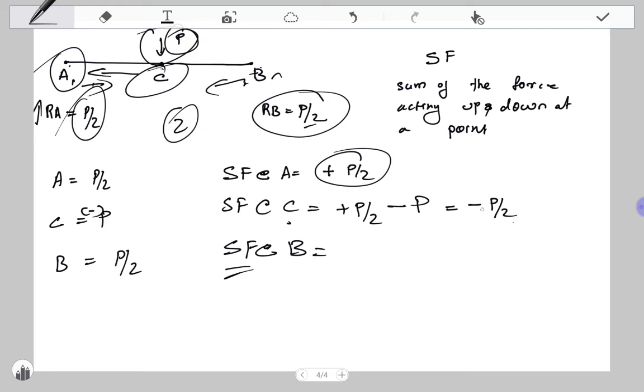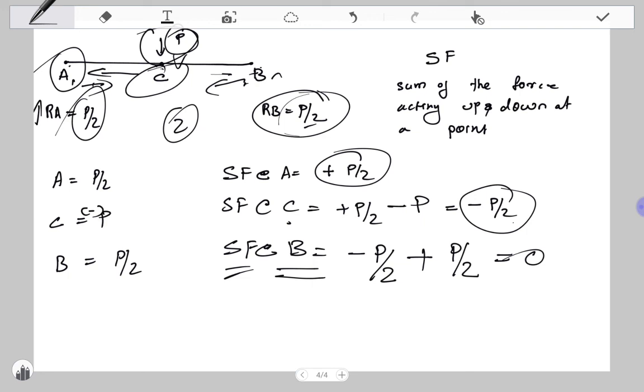The other one is the downward force, the carry forward downward force minus P by 2 from the point C. So the SF at point B is equal to the carry forward force from the point C plus the half force which is acting upward. So the final value will be 0. So the SF at point B will be 0.